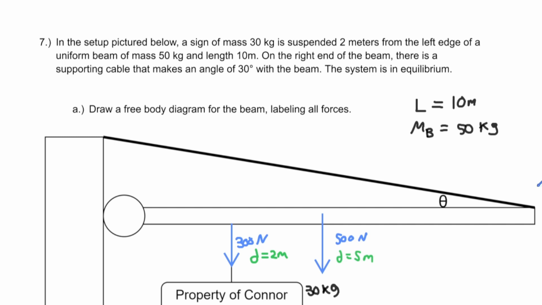Then we have a tension force at the right end of the beam. We do not know that, so we'll just call that Ft. But we do know that the tension force is acting at the right end, so at least we know that the distance is going to be 10 meters.